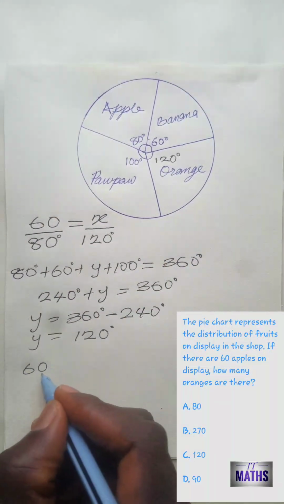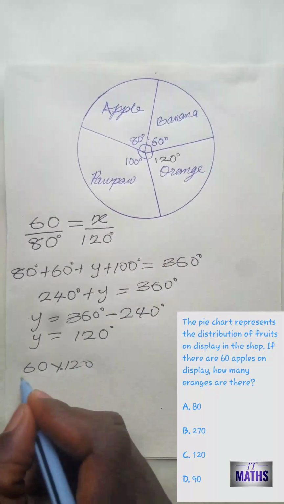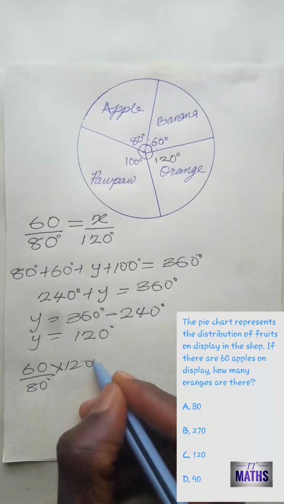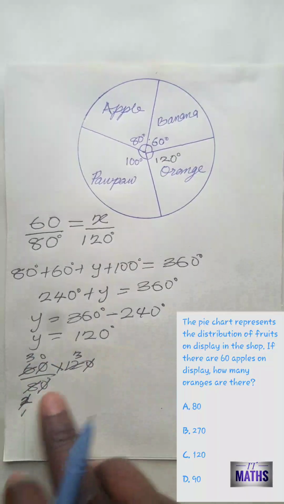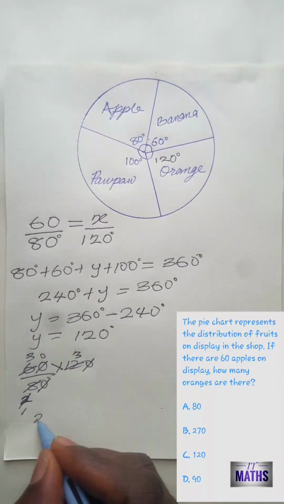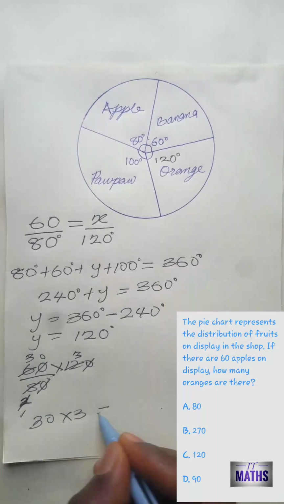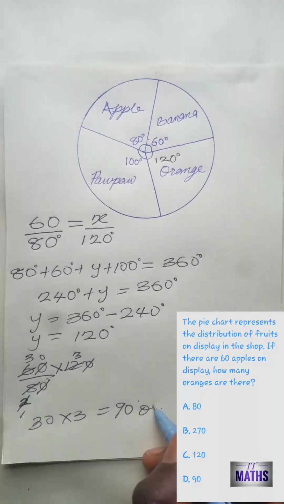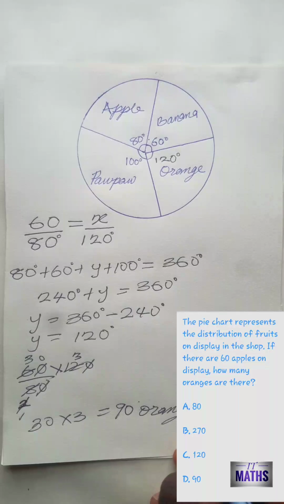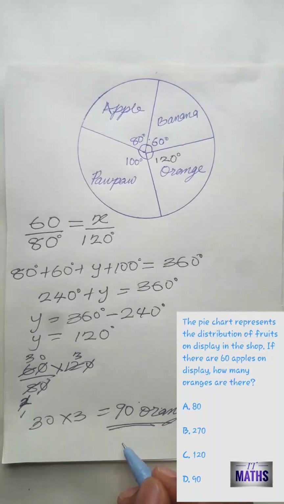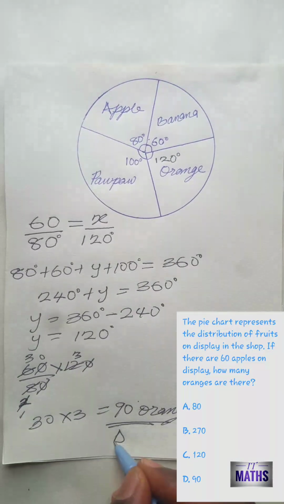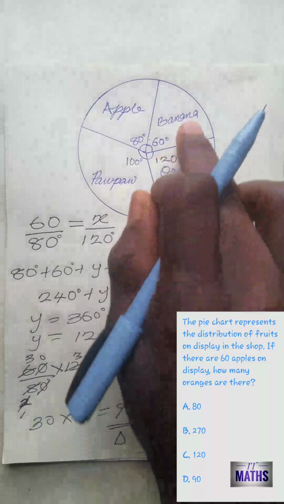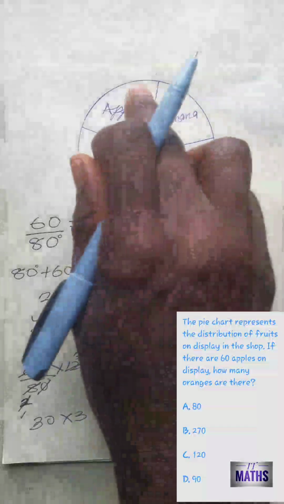So we have 60 times 120, 80 was already here. Let's cancel. After cancellation, that's what we have, and then that's 30 times 3, which is what? 90 what? Oranges. And what option is that? That is option D.